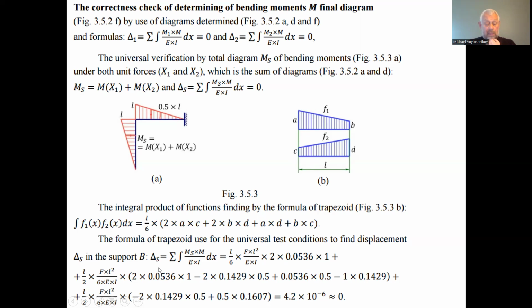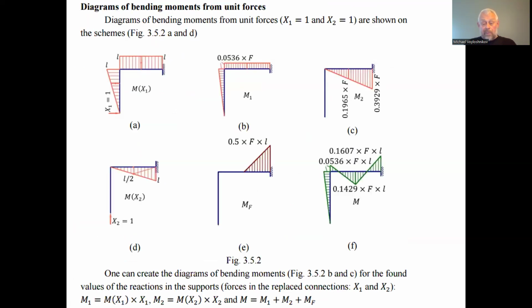After substituting the magnitudes, we find that the integral for these two diagrams for the considered mechanical system is 4.2 multiplied by 10 to the power minus 6. This is a very small number, approximately equal to 0. So we conclude that yes, we found the support reactions and created the bending moment diagram correctly.